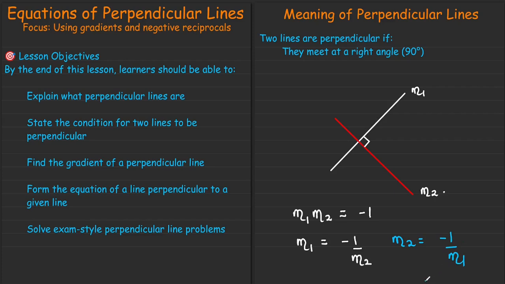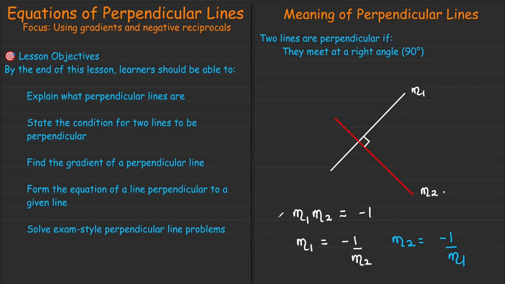M1. Hence, the rule says if two lines are perpendicular, then the gradient of one is the negative reciprocal of the other. I'm saying it again. If two lines are perpendicular, then the gradient of one is the negative reciprocal of the other. Reciprocal simply means you are flipping it.